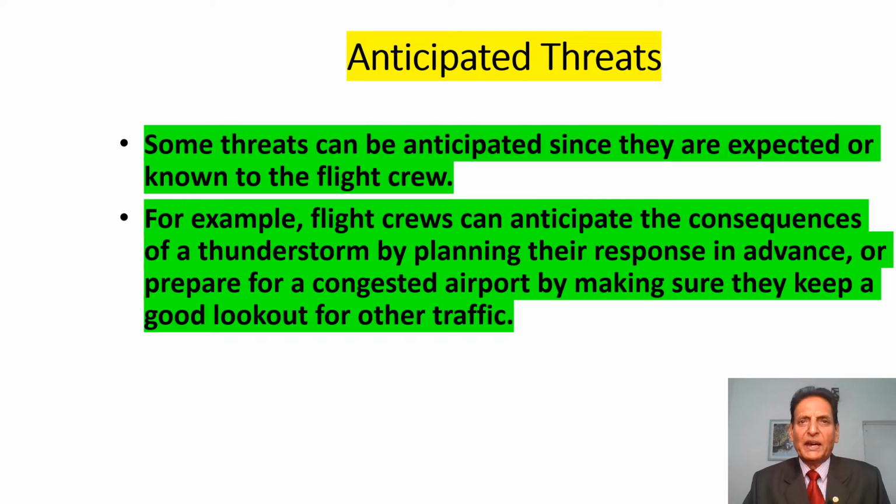Some anticipated threats. Some threats can be anticipated since they are expected or known to the flight crew. For example, flight crews can anticipate the consequences of a thunderstorm by planning their response in advance or prepare for a congested airport by making sure they keep a good lookout for other traffic.